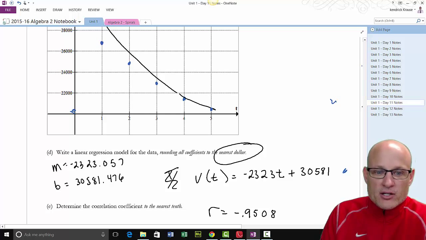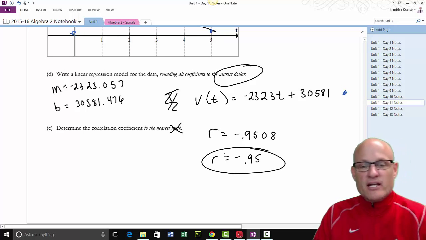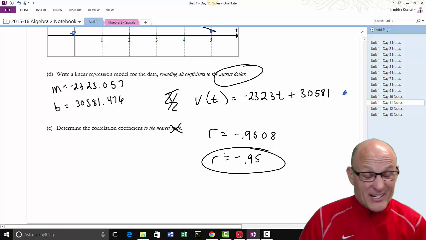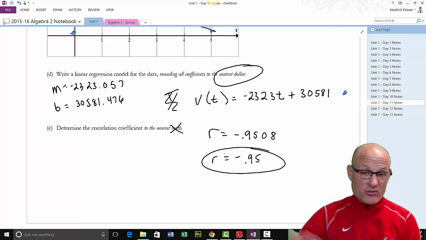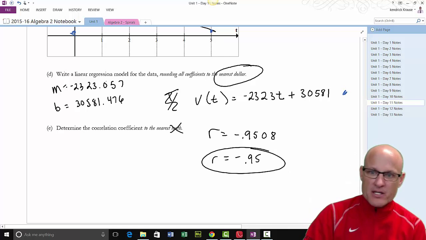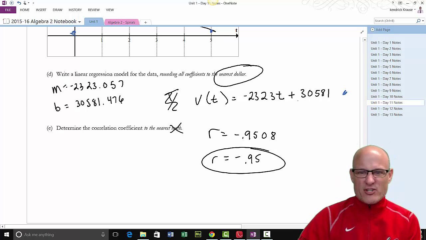And then my correlation coefficient, rounded to the hundredths place, is equal to negative 0.95. Negative 1 means every year it goes down the same amount. That's not the way this is going to be. All right, kids, that's it. That's linear regression with correlation coefficients.